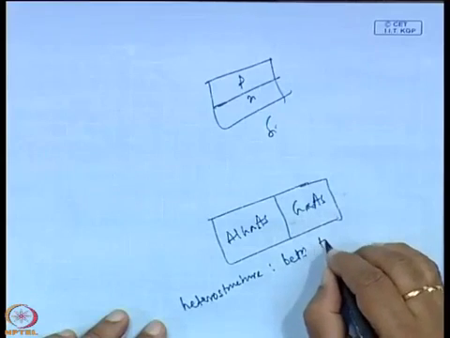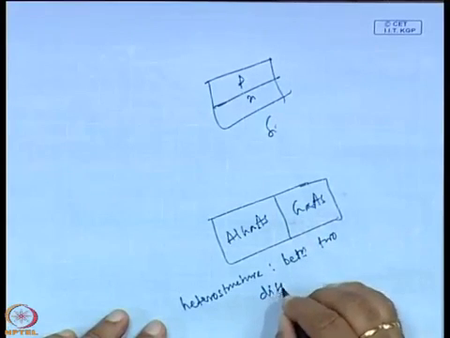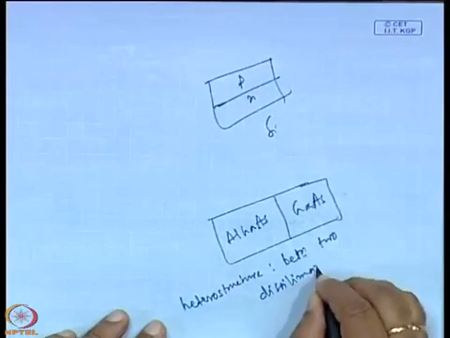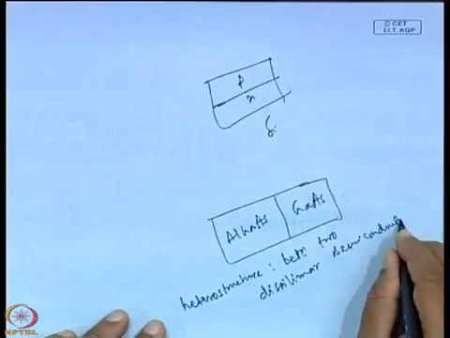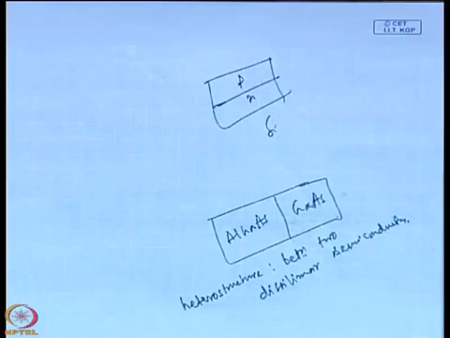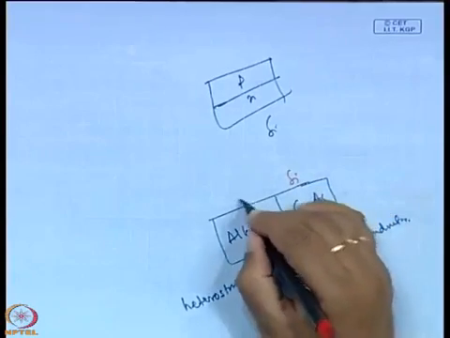And here it is also mismatched, because silicon is involved and gallium arsenide is involved.